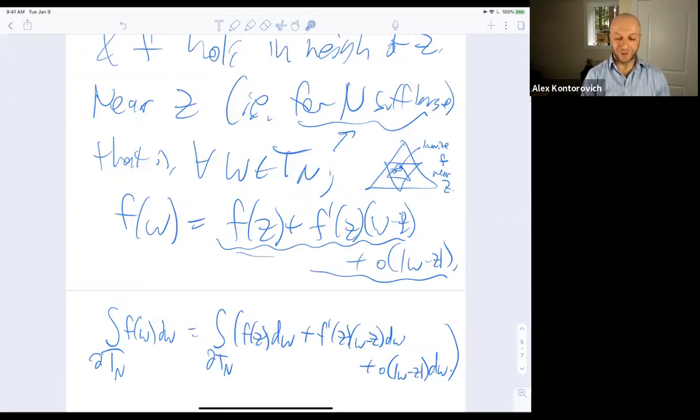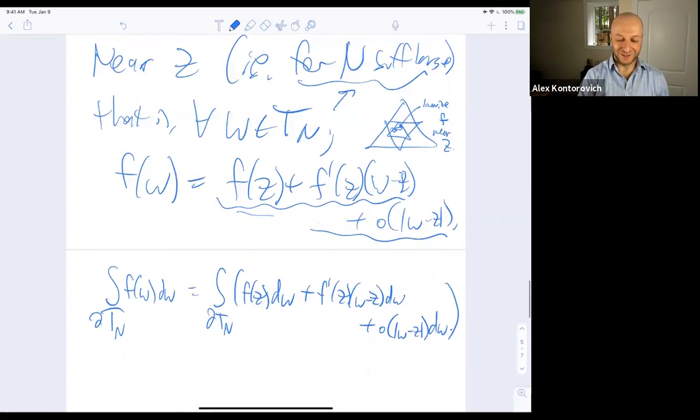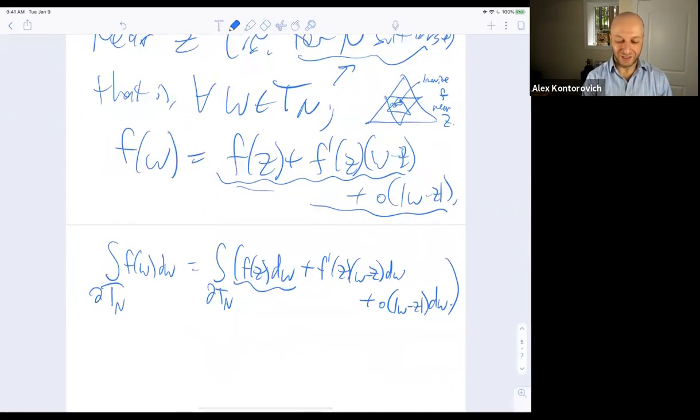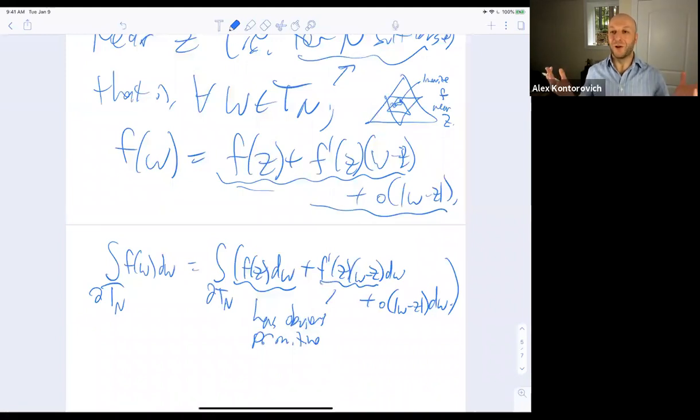What do you know about this integral? Z is a constant, w is the dummy variable. Can you think of a primitive? Constant times w is the primitive, right? So this has an obvious primitive. And so does this, because it's just a linear polynomial in w.